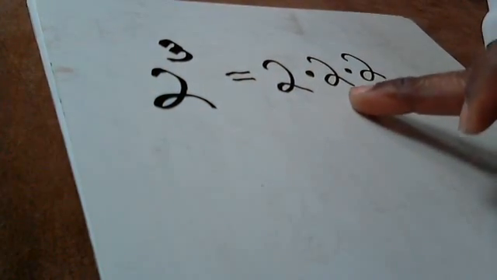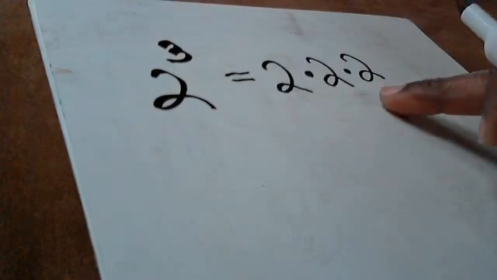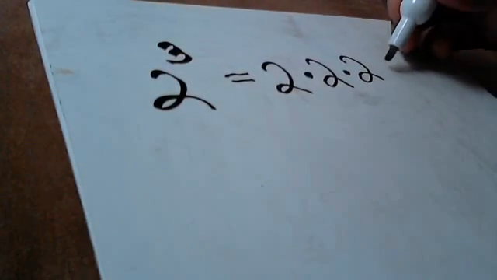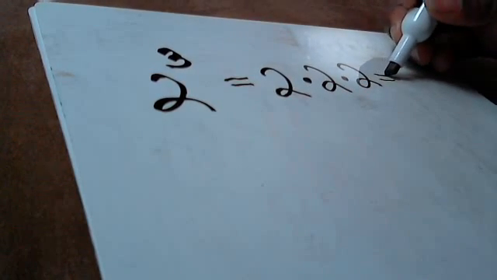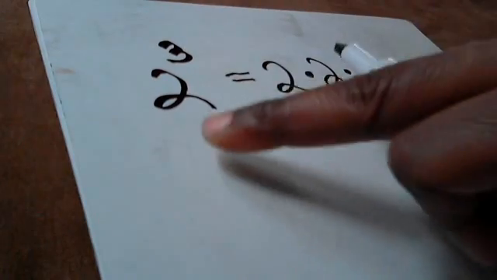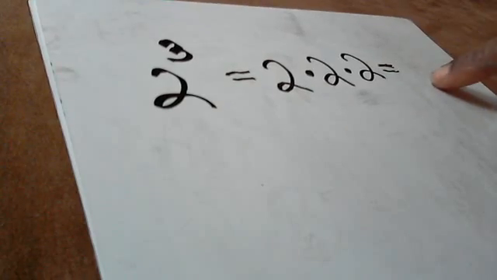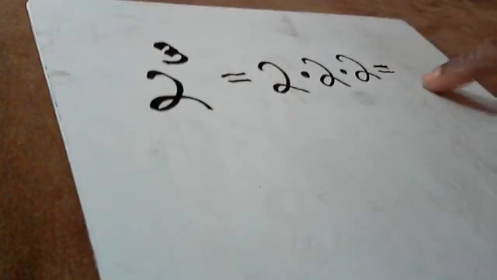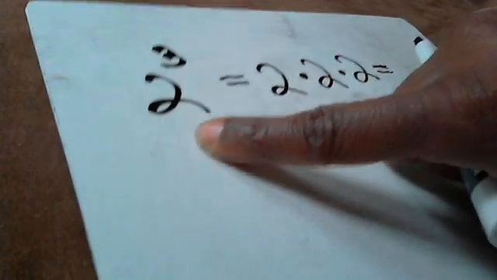Otherwise, this is known as expanded notation. So that's what this means, 2 times 2 times 2. And then when we actually perform the multiplication, we find the value of this exponential term. If the question says evaluate this exponential term, that's what they're looking for: this one particular number that represents this exponential term.